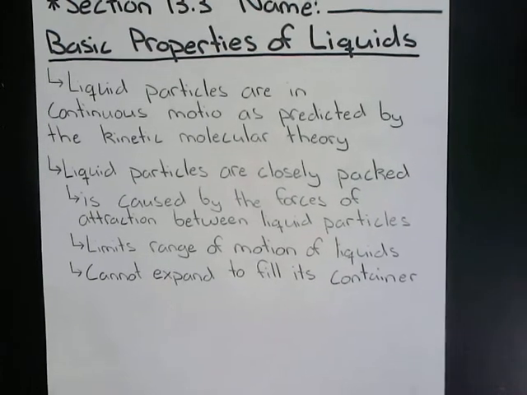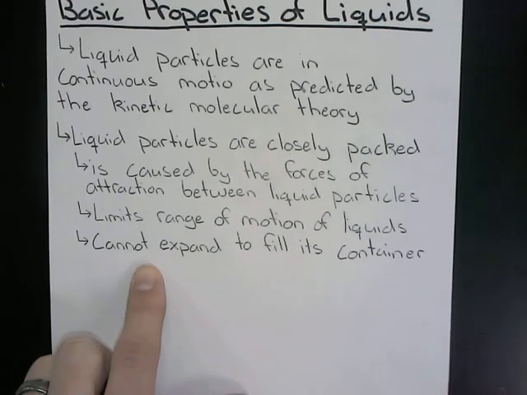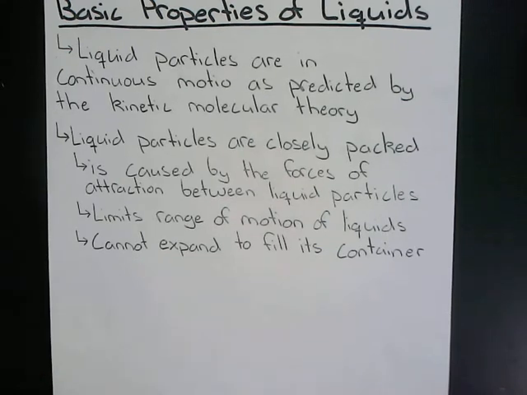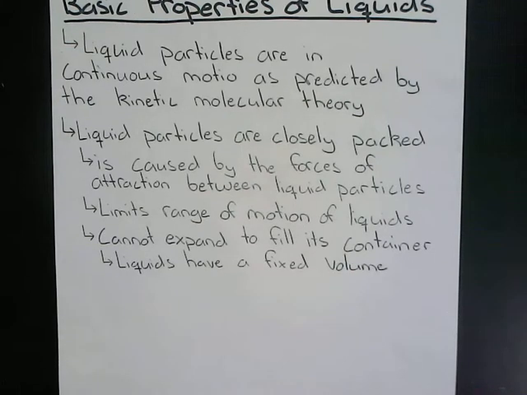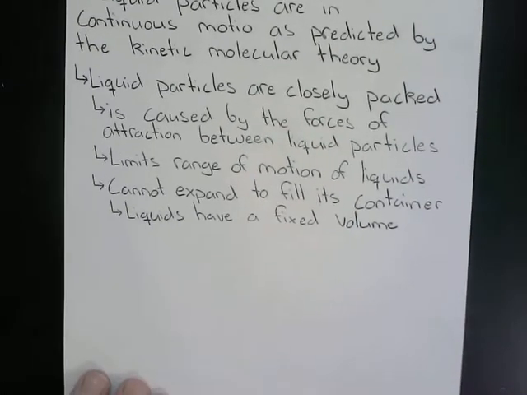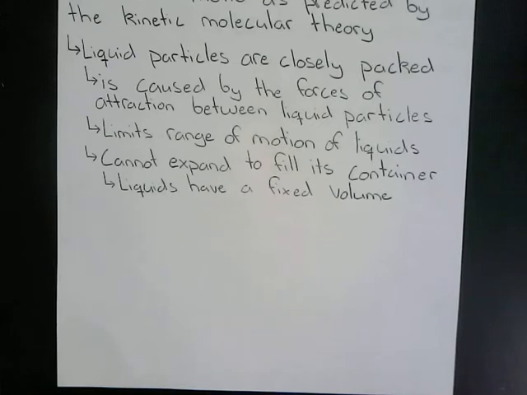More simply put, this last point, we just call that having a fixed volume. So liquids have fixed volumes. Now, the other major point that I want to make in this section of notes is this: liquid molecules do not have fixed positions.